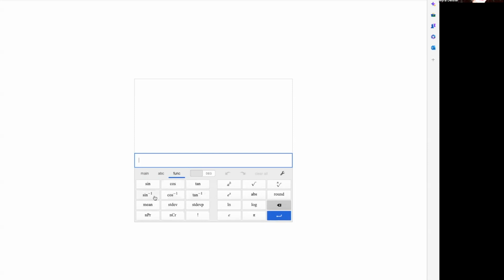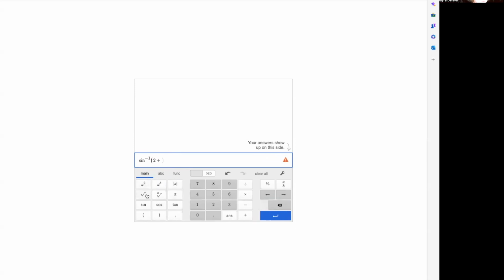We're going to do sine inverse of 2 plus square root of 12 divided by 2. And notice it says undefined. It says undefined because 2 plus the square root of 12 over 2 is bigger than 1. And sine cannot be bigger than 1.